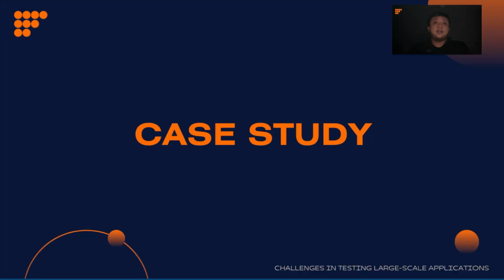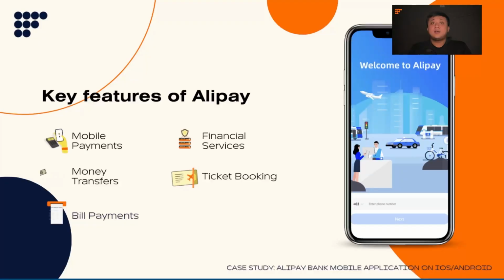So next is the case study. Here are the key features of Alipay. Alipay isn't just about mobile payments. It also handles money transfers, bill payments, financial services, and ticket bookings. Each of these features adds a complexity that needs to be carefully tested.